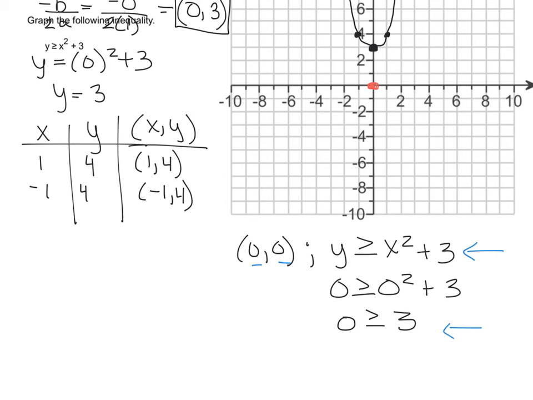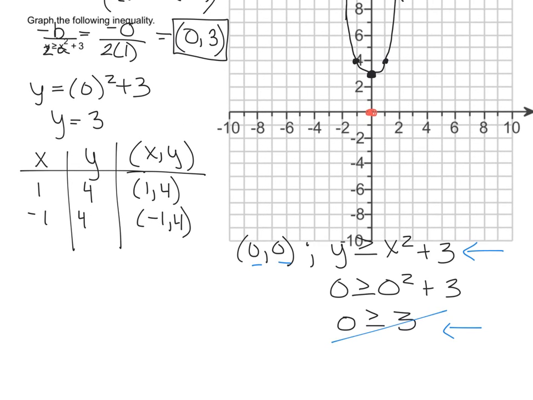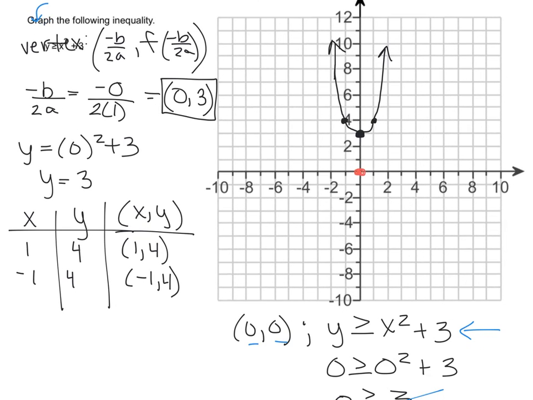That is not a true statement, so that means that my test point is not going to be included in my shading. So when I go up to my graph, I'm going to shade inside the parabola since my test point is not inside. So the answer to my problem is the graph of the parabola with the inside shaded.